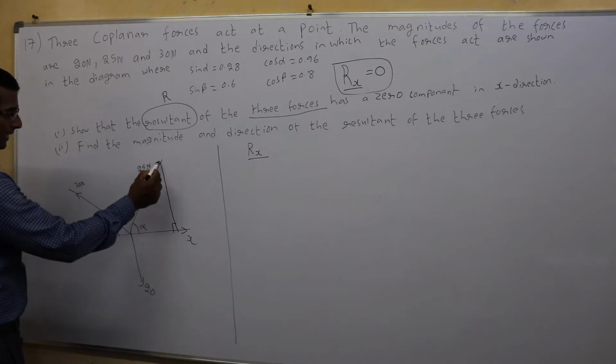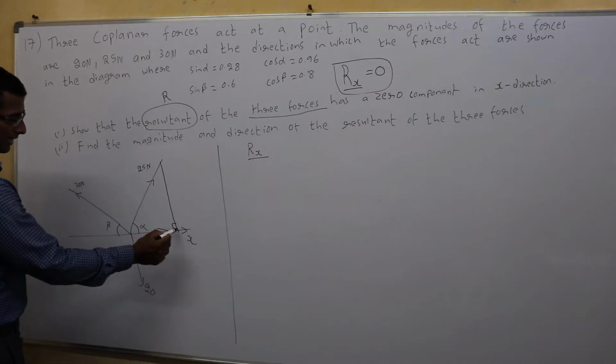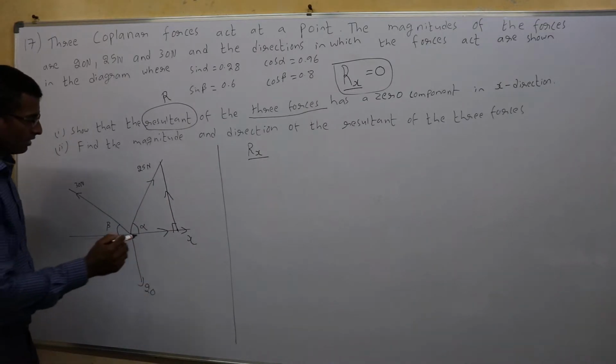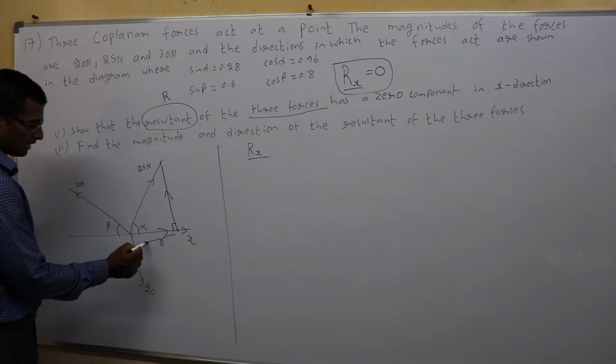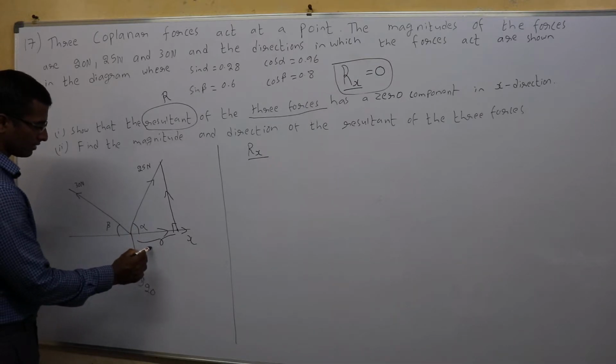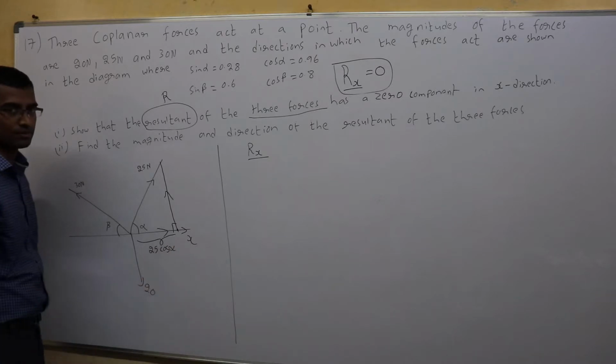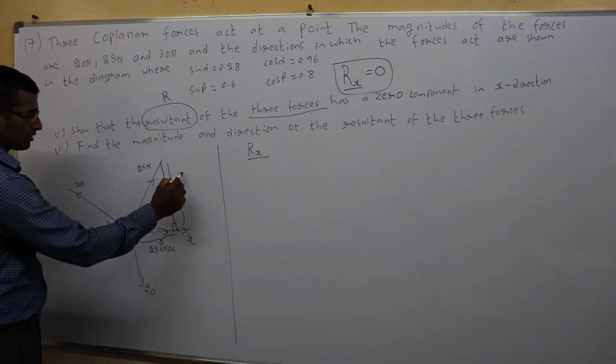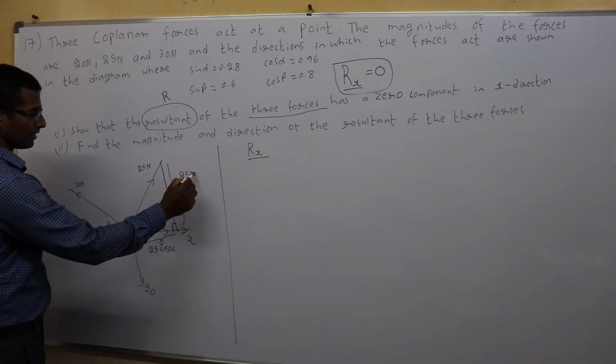Instead of walking from here to here, I could go in this way, then from this point, I could go vertically up. Now, this is adjacent to alpha, so it becomes 25 cos alpha. This is opposite to alpha, so it becomes 25 sin alpha.